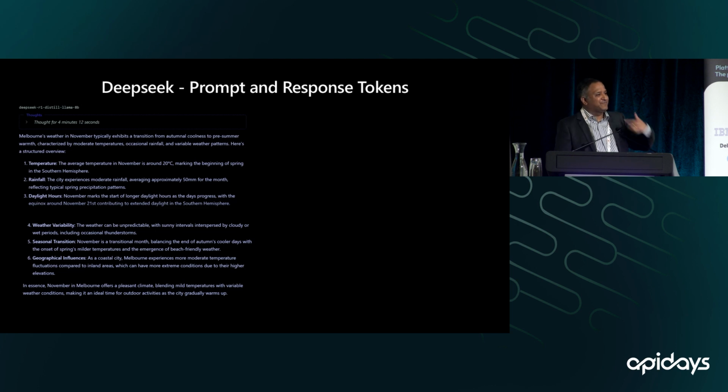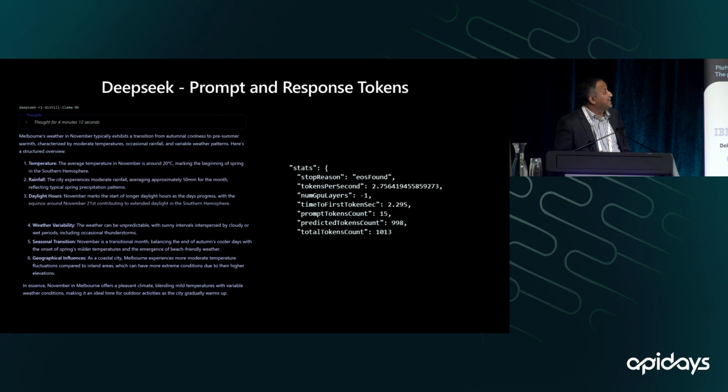It reasoned various things, and then it came up with a list of 6 things explaining what the weather looks like in November in Melbourne. And if you look at the stats again, it's now 10 times higher. The number of tokens consumed here is more than 1,000 tokens.